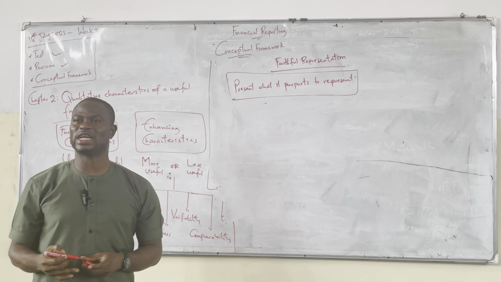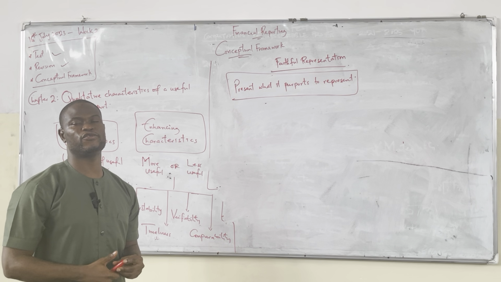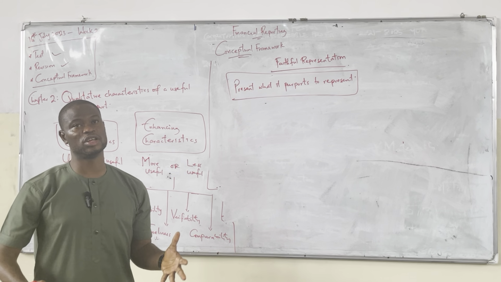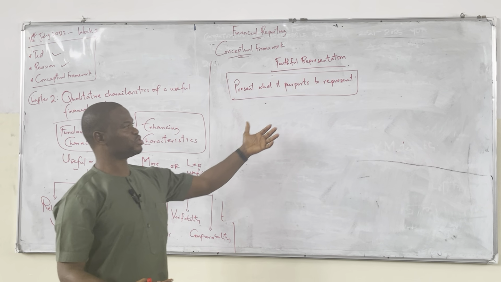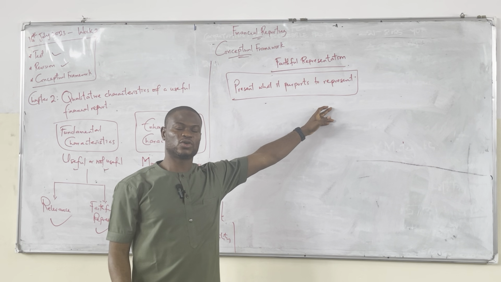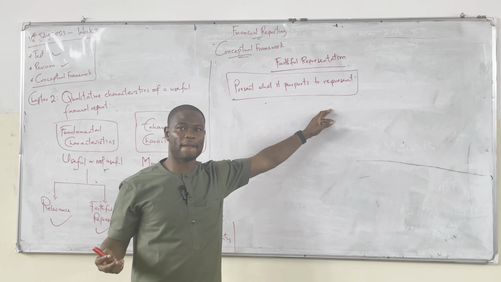Okay, so what we are saying here is this: if you present assets as 10 million, that should be your representation. So this is just saying present accurately.